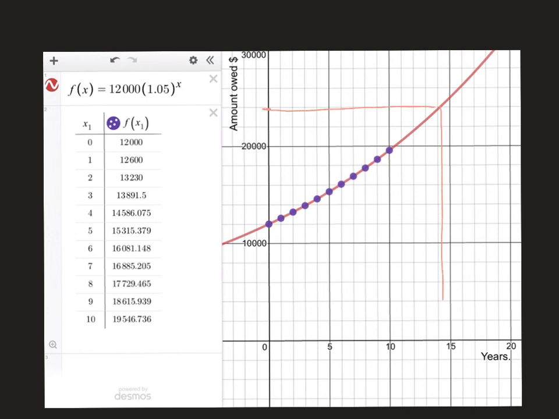Notice it is only taking us 14 years to double the amount of money that this person owes. And keep in mind, this means that they're not paying any money off. So the idea is that they're just letting this grow and grow. And every year it's adding more and more than it did already.